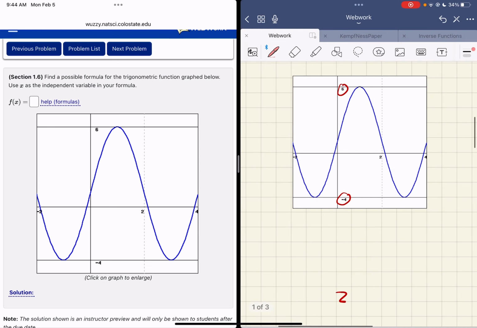And actually, that black line looks a little bit lower than what the average would be. I think this is the average here. And we can figure it out by just adding the min and the max and dividing by 2. So 6 plus negative 4 is 2 over 2. We get 1. Okay? So my average is 1, which means this formula is going to end with plus 1.